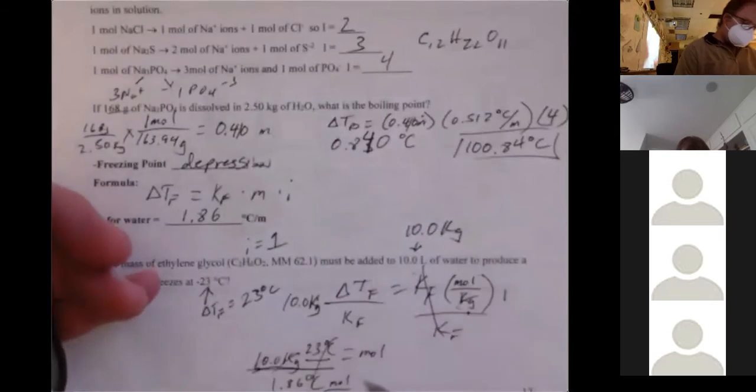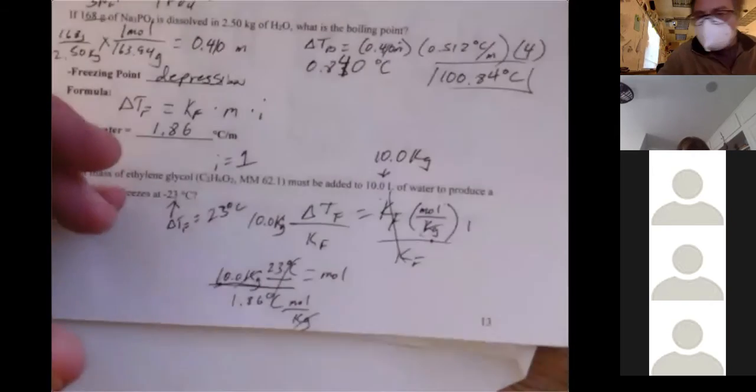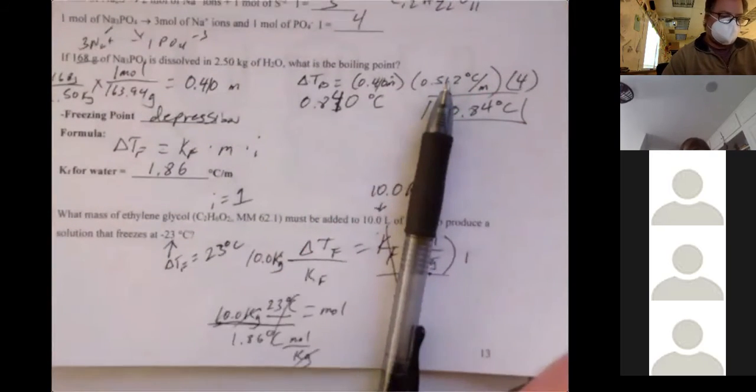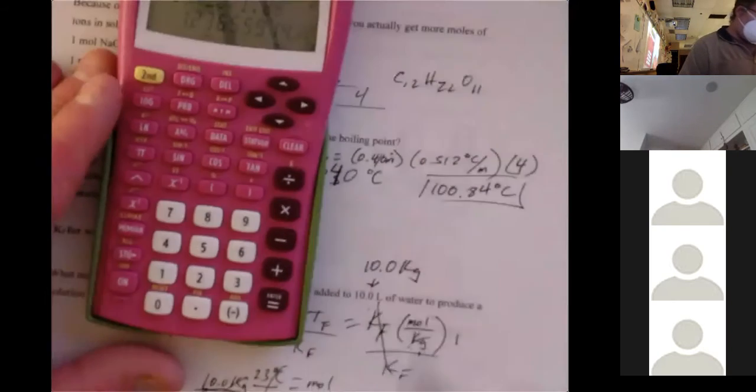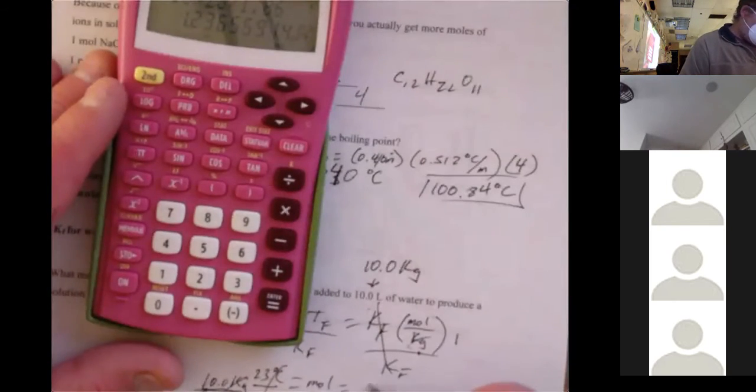Degrees Celsius will cancel out. I'll be left with 1 over 1 over mole, which is mole. So we get 10 times 23 divided by 1.86. We get 123.7 moles with 3 significant digits.